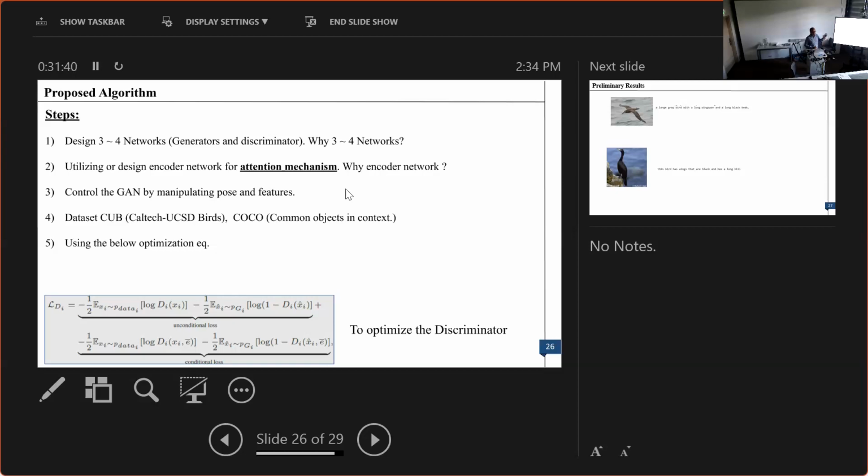Three discriminators and 3 generators, and I may use 4 generators and 4 discriminators as well, because I am generating images from scratch. So I cannot get a very high resolution image in one step. I need to start from 32 by 32 resolution.